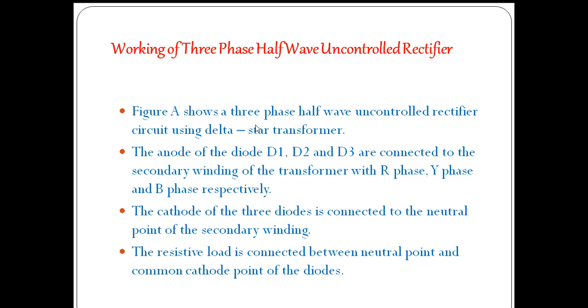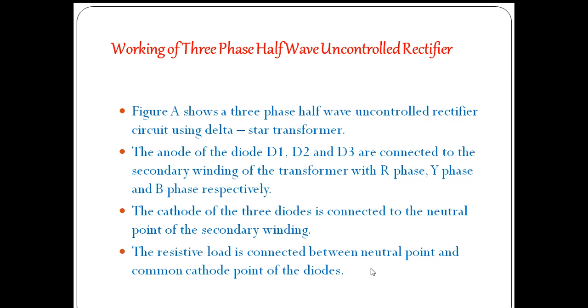The above figure A shows the three-phase half-wave uncontrolled rectifier circuit using a delta to star connected transformer. The anodes of diodes D1, D2 and D3 are connected to the secondary winding of the transformer with R phase, Y phase and B phase respectively. The cathodes of the three diodes are connected together.